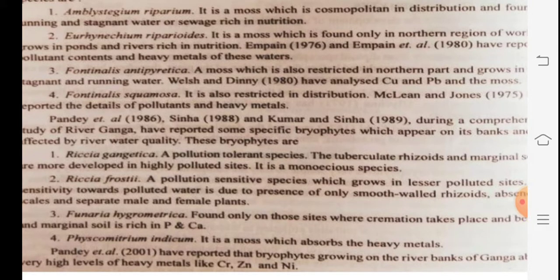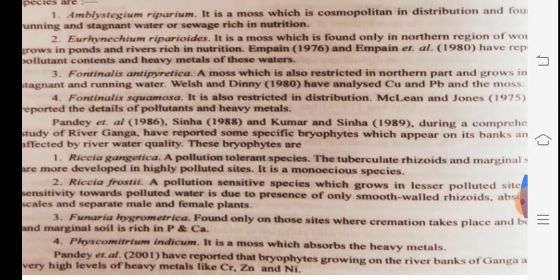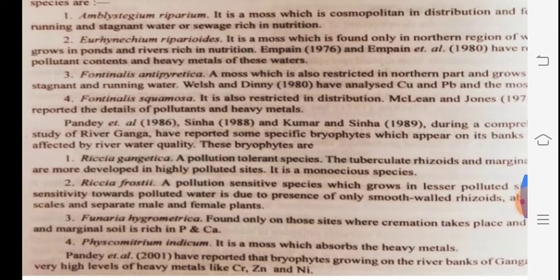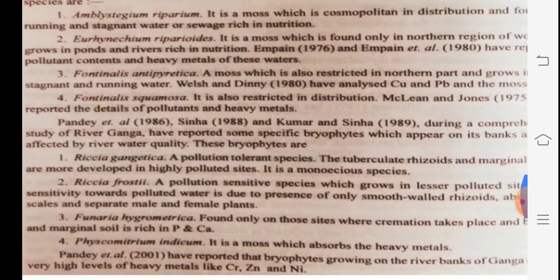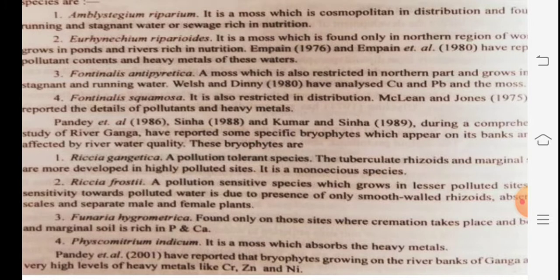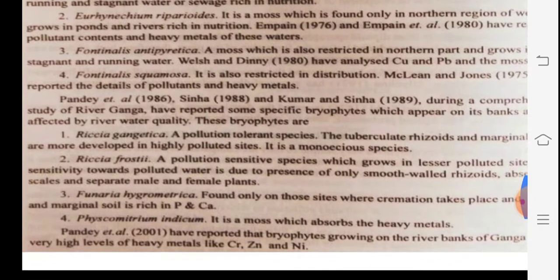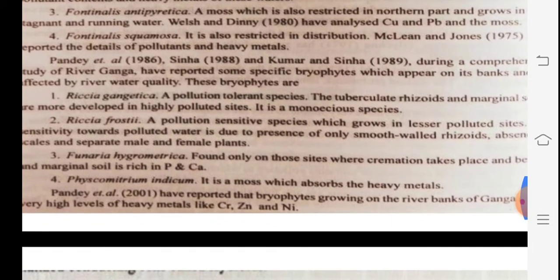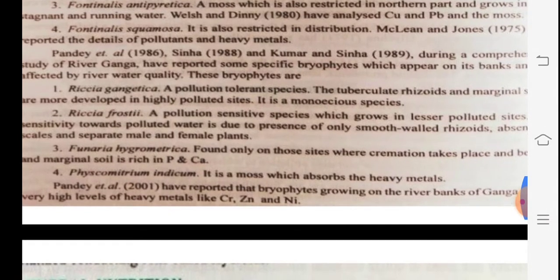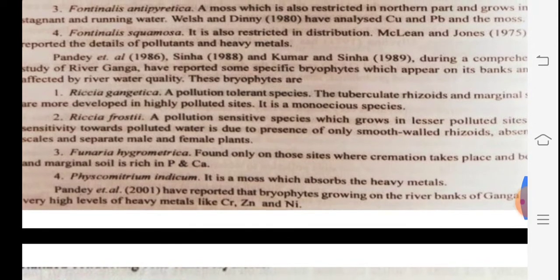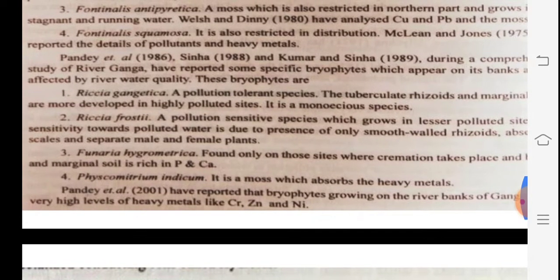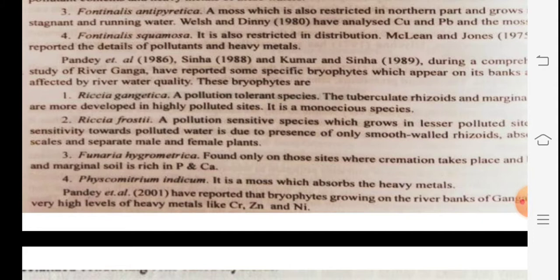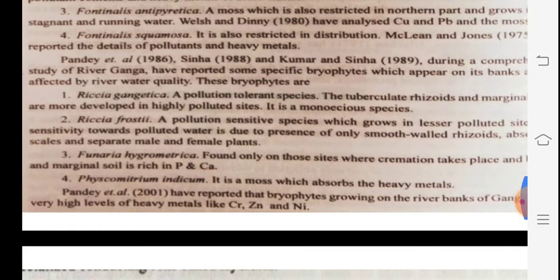In 1976, Empain and others in 1980 showed the content of pollutants and heavy metals in these waters. Then Fontinalis moss in the northern part was analyzed for copper and lead, Pb. Then Fontinalis squamosa shows the pollutants and the heavy metals.